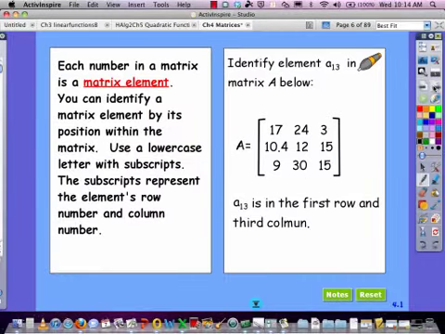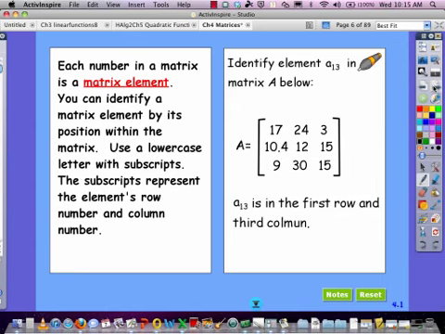Now, each number in a matrix is the matrix's element. You can identify a matrix element by its position within the matrix. Use a lowercase letter with subscripts. The subscripts represent the element's row number and column number.